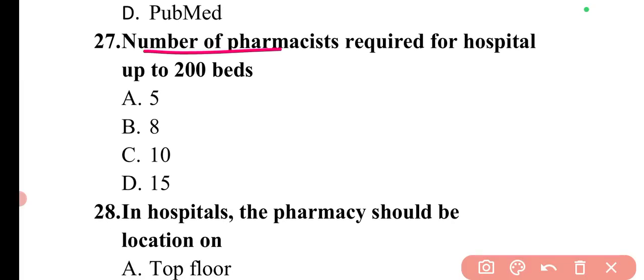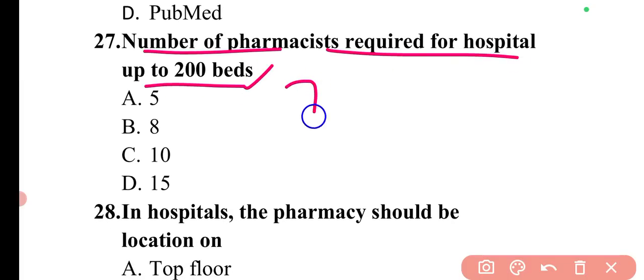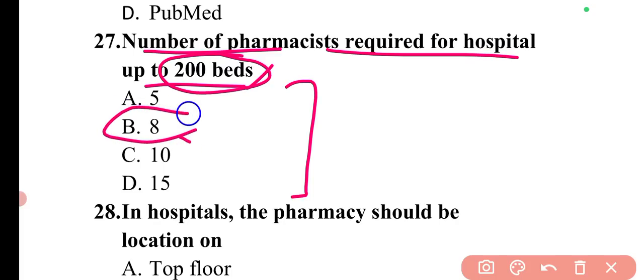Next question is, number of pharmacists required for hospital up to 200 beds. Very important, or we can say most important question in this particular topic. The number of pharmacists required as per the different bed strength is very important. Here it is asked regarding up to 200 beds. So up to 200 beds, 8 pharmacists are required.